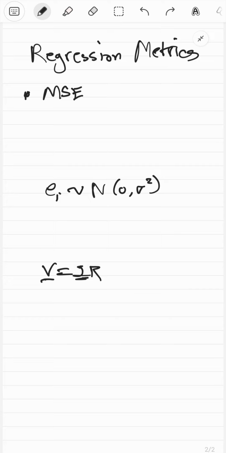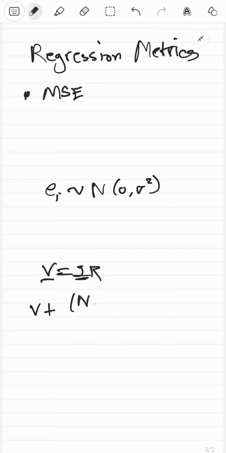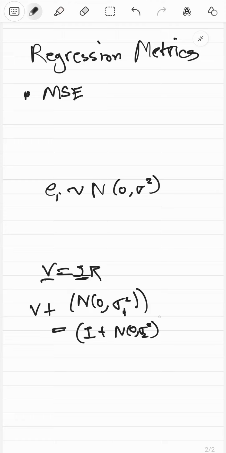So then what you'll have to say is V plus some error term, which follows a normal distribution. Why is it following a normal distribution? Central limit theorem. I won't explain further, you just have to trust me on that. And the actual current value plus something that's following a normal distribution again, with sigma 1 square, sigma 2 square. We don't even know what these are actually.